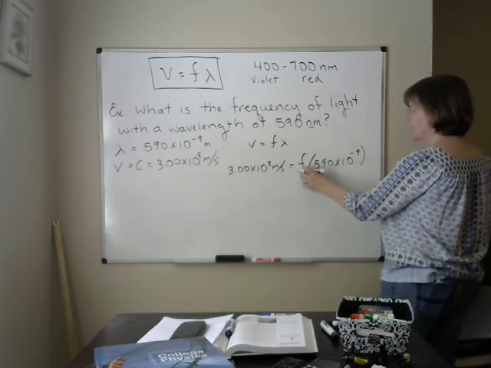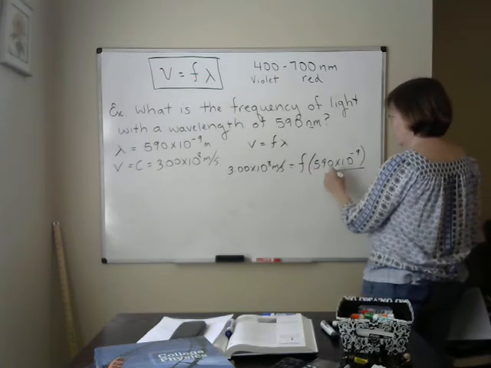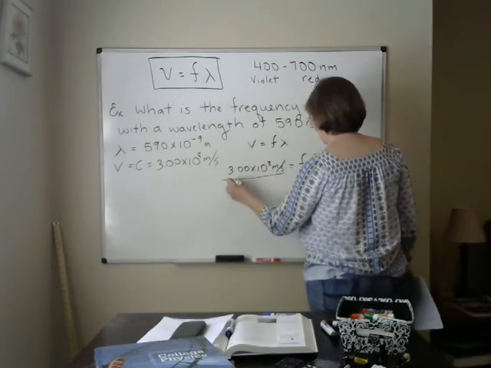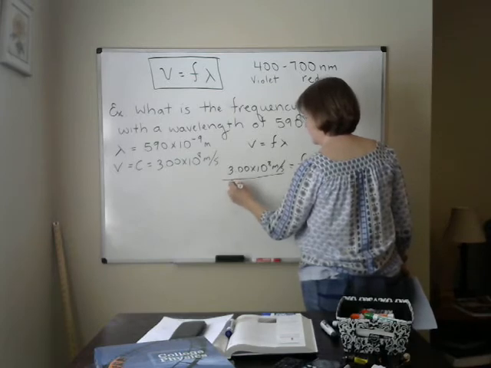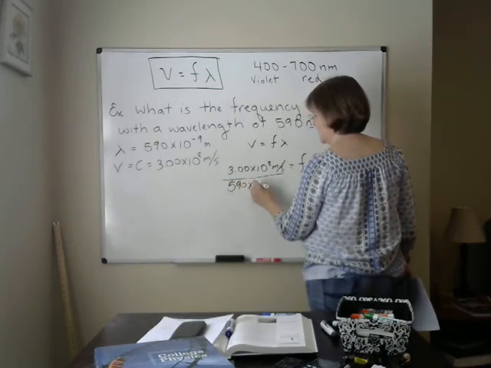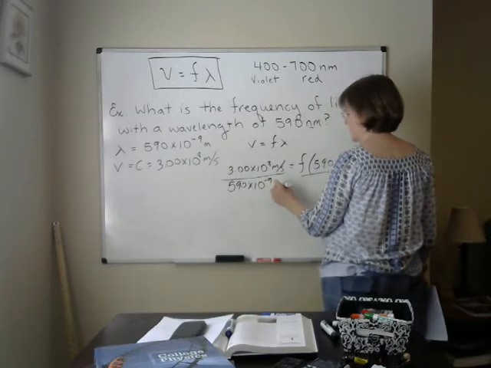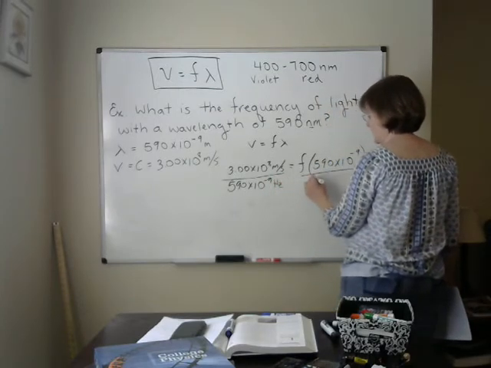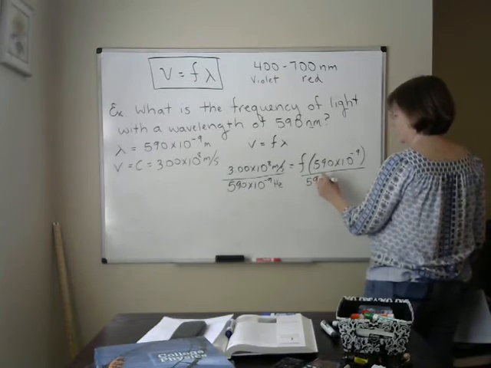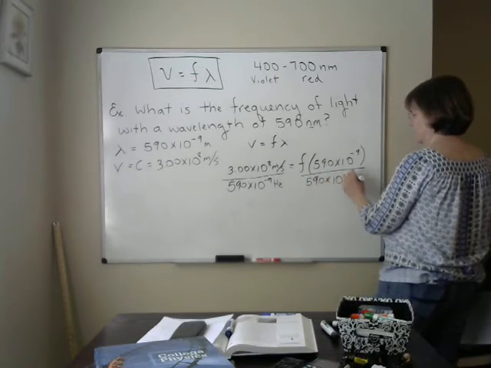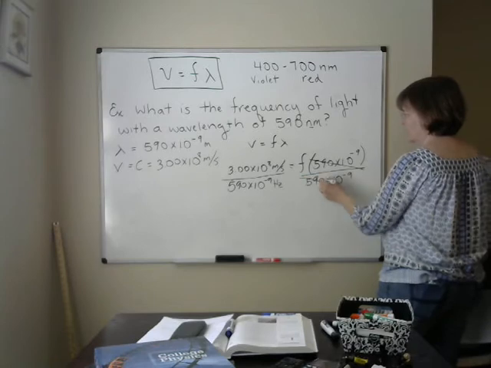If I'm going to solve for the frequency, I'm going to have to divide by 590 times 10 to the negative 9 on both sides. That, of course, cancels, and we just get f.